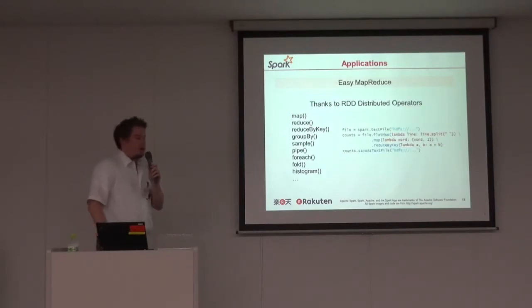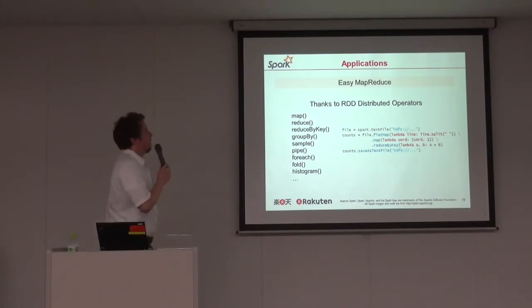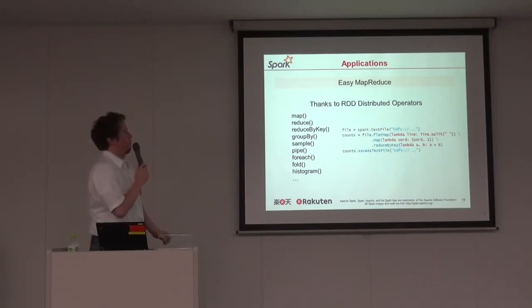So for example, when I say easier, you have many useful distributed operators on the RDDs, the resilient distributed dataset, the Spark data frame-ish thing. Most of those operators are very useful, for example reduceByKey or things like that.